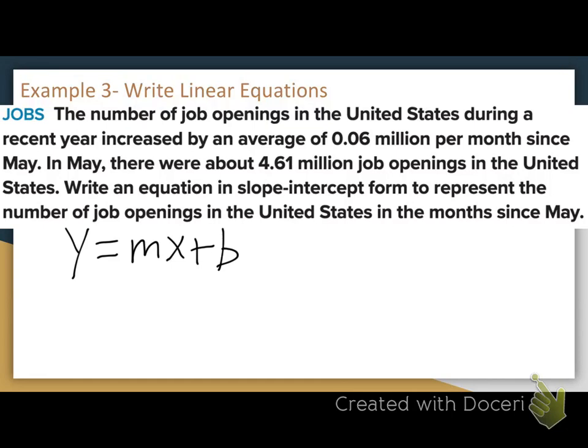So, m is our slope. When we're dealing with a real-world problem, do you remember what we call slope? It's a 3-word phrase. Rate of change. We're finding the rate of change here of this problem, since this is a real-world problem. And I want to find the y-intercept as well.